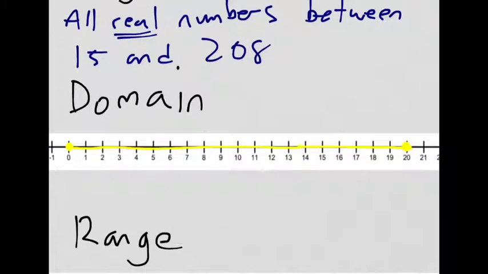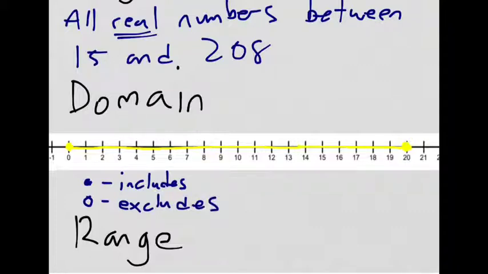The reason why I do that is because a closed dot on a number line means it includes the point that it's on. So I want this to include 0, and I want it to include 20, so I close those dots on the endpoints. If it was an open circle, it excludes that value, or it doesn't include it in the set. But I want them to be included, so I close the dots.